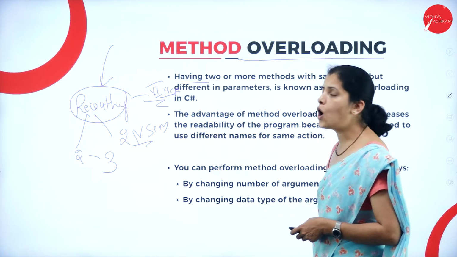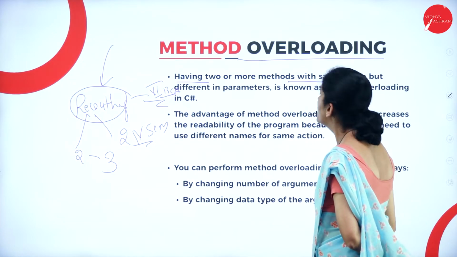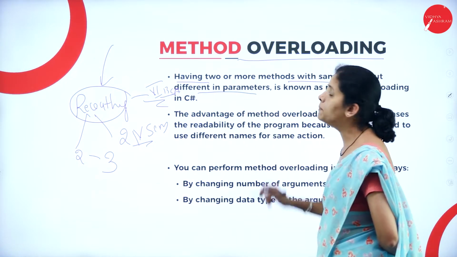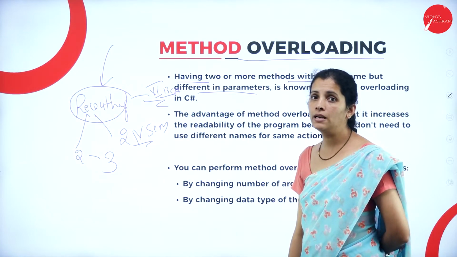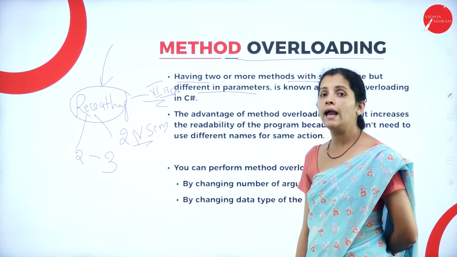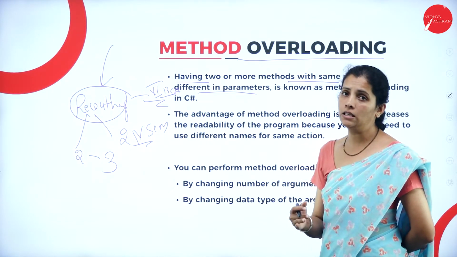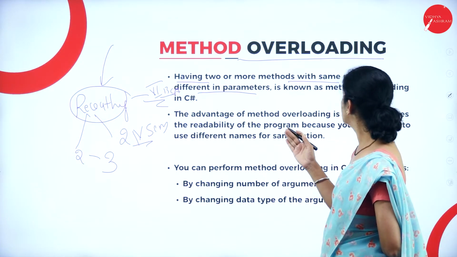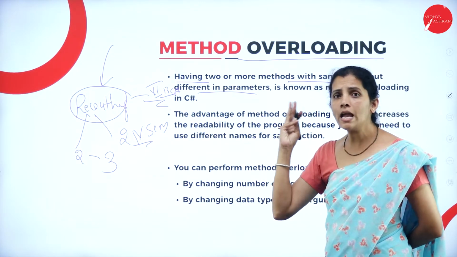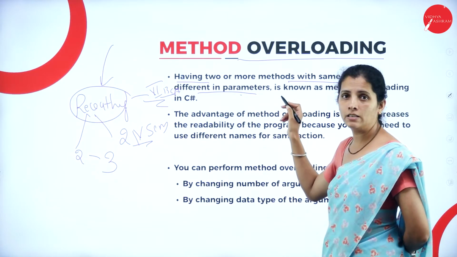Having 2 or more methods with the same name but different parameters. That means in C#, the programmer can create methods where 2 or more methods have the same name but different parameters.